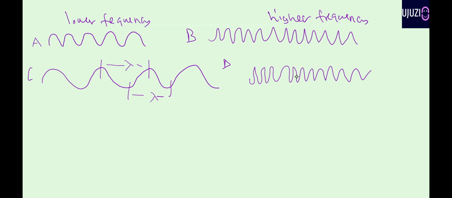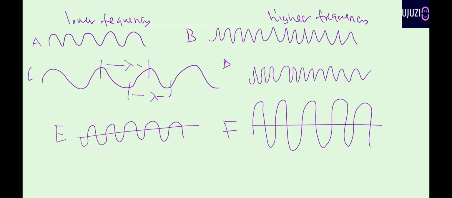The higher the frequency, you can see the distance is very short between the peaks. Here, because we have lower frequency, the distance between the peaks is higher. So on the left hand side, we have higher wavelength. On the right hand side, we have higher frequency. That is how you can, in a simplistic way, differentiate between frequency and wavelength of a wave.